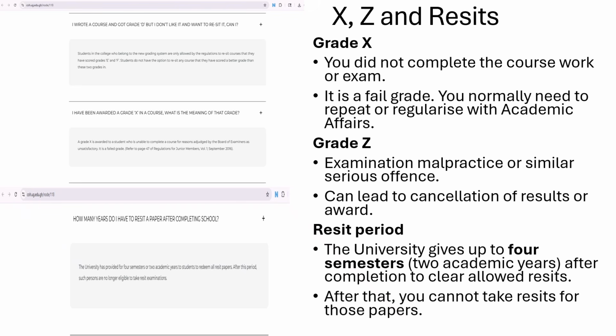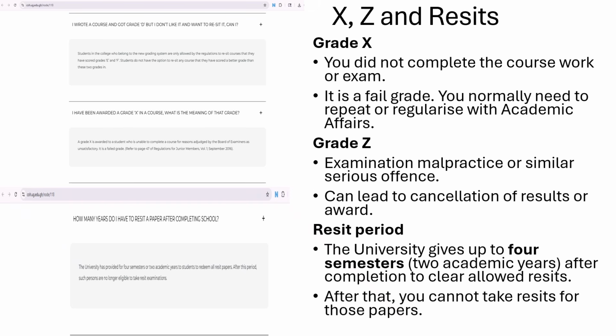If you have an X and the examination board has charged you as unsatisfactory, they may have reached out to you, and you have to write a reset. If there are discrepancies, you can also reach out to the academic office to help you deal with that discrepancy. That's one thing you're supposed to keep in mind. So when you have an X, that's what it means.